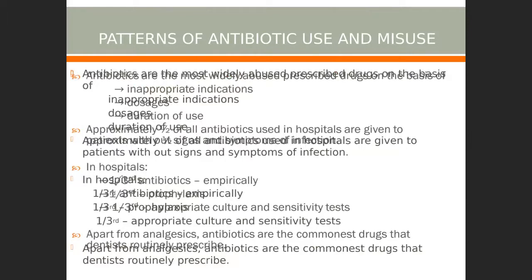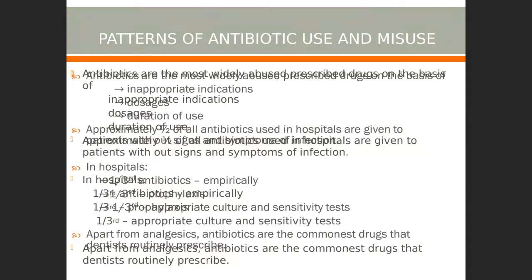The first is inappropriate indications. If the doctors are not giving proper indications to the patient, then antibiotics will be misused and resistance might develop. If the dosages are not taken properly, or the duration of use is not proper, all these things lead to antibiotic resistance.